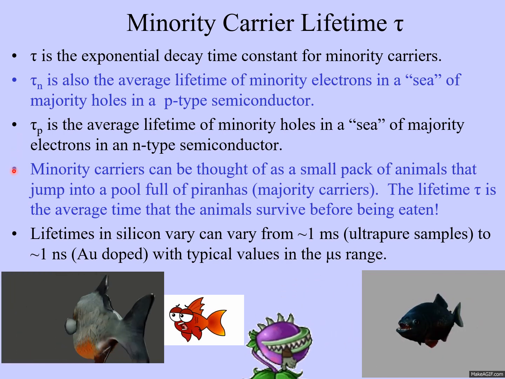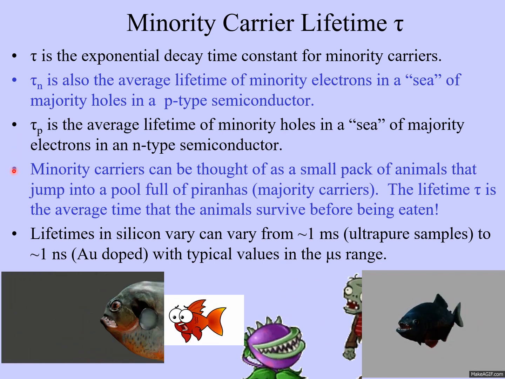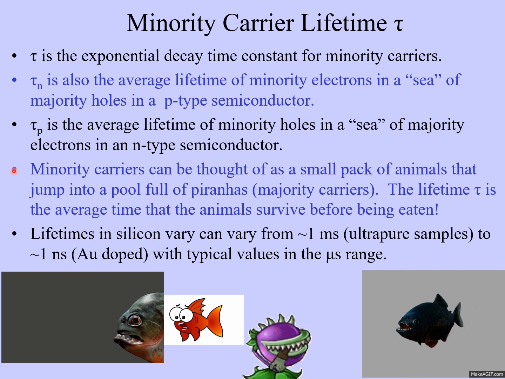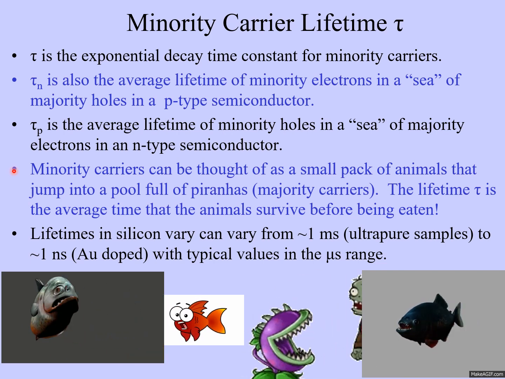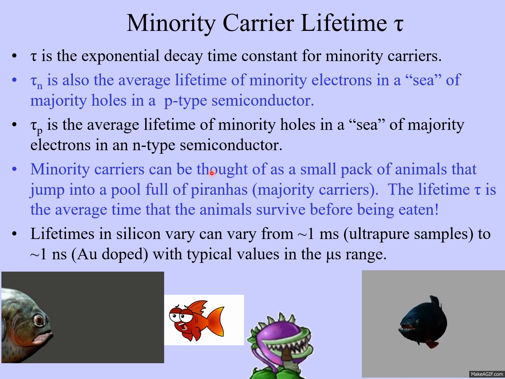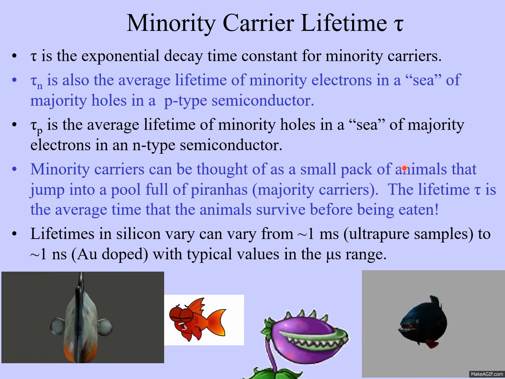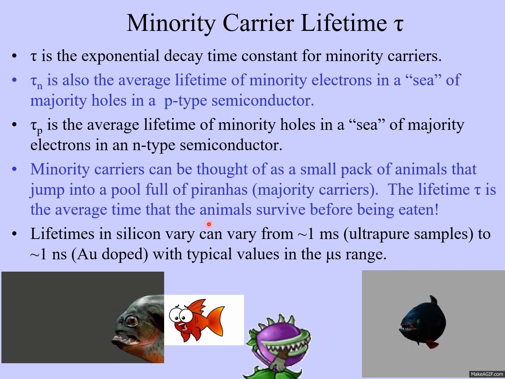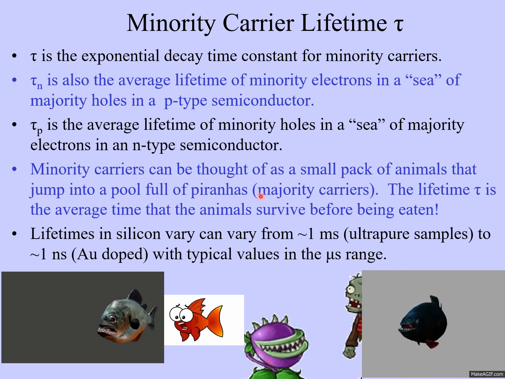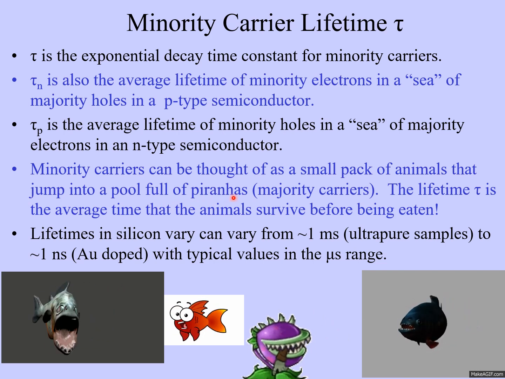Here's a graphic way to think of this. You can think of minority carriers as a small pack of animals that jump into a pool full of piranhas. Think of a handful of mice that are unlucky and jump into a swimming pool full of thousands of hungry piranhas.